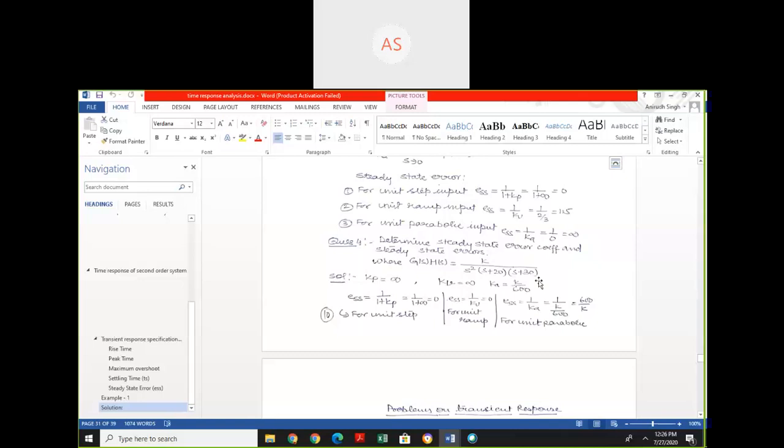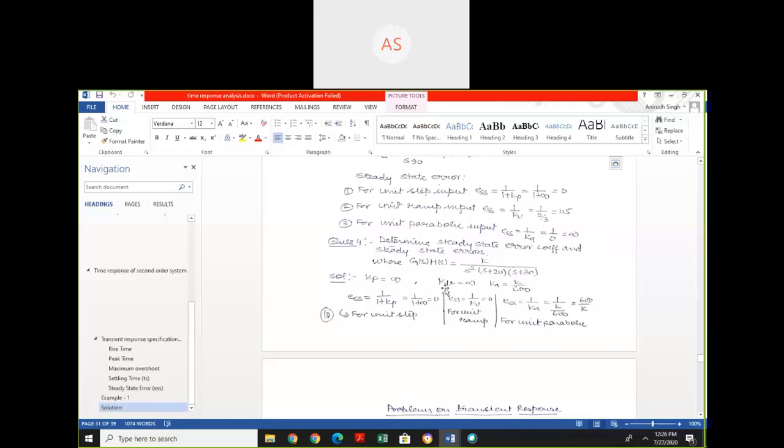In the next question, determine the steady state error coefficients and steady state error. Calculate the values of Kp, Kv and Ka and then the corresponding steady state error. If you substitute s equal to 0, Kp is infinite.